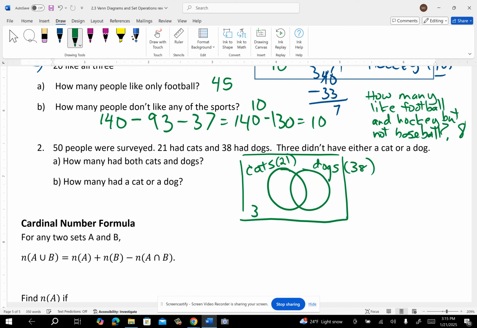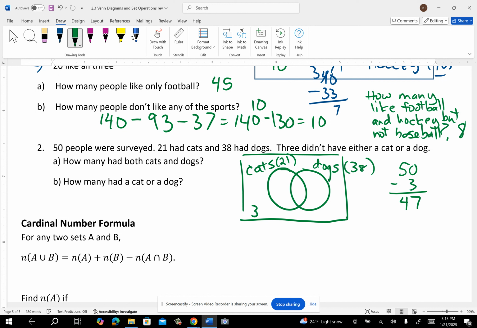So there's several ways you could think about this problem, but I started by putting in that 3. When I put the 3 in there, then I knew those 3 people don't have cats or dogs, so I subtracted 3 and found out that there should be a total of 47 in both of those circles. All right, so let's think about this.